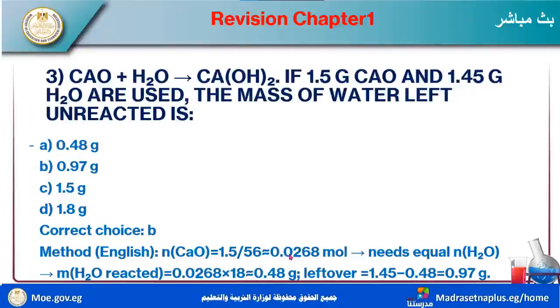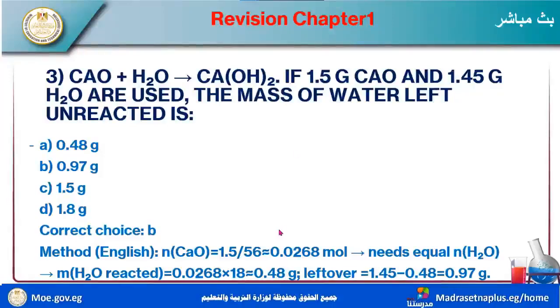So 0.0268 moles of CaO needs the same number, 0.0268 moles, of water, which is 0.48 grams.